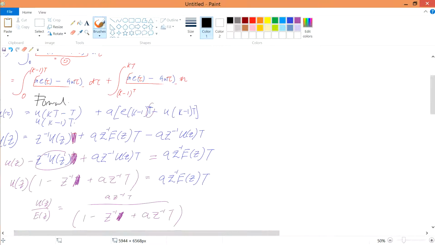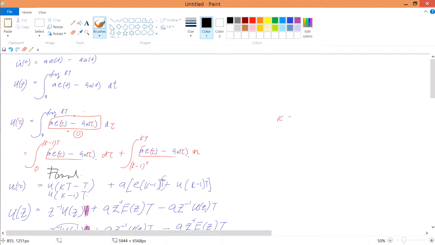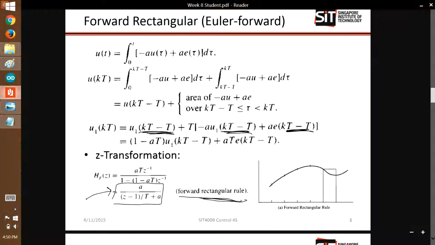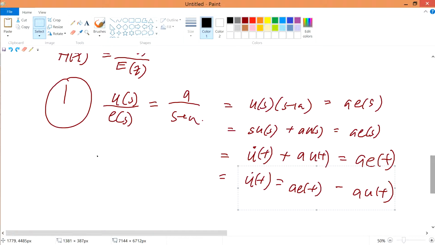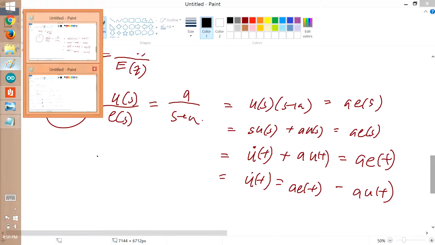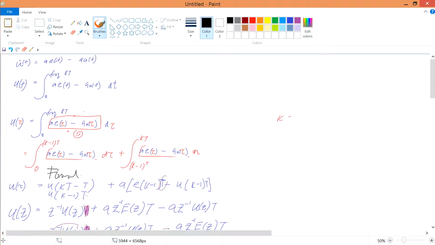Okay, so just to recap, the overall is that we set our transfer function in the S domain as a over s plus a. We rearrange stuff, we inverse Laplace, we get a u dot t, alright, and then after that we bring this u dot t over here, and then we want to integrate it because this is u dot t, we want to change it to ut, so we need to integrate this.